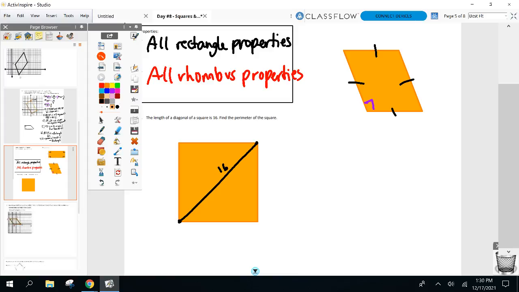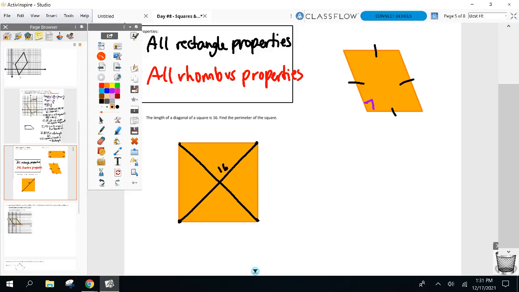Here we go. Just a guess, says Avery: draw the other diagonal in. Okay. As I do, what's happening, everybody? First of all, this diagonal I'm drawing in, how long is it? 16. Diagonals are congruent. And what am I doing to the other diagonal?